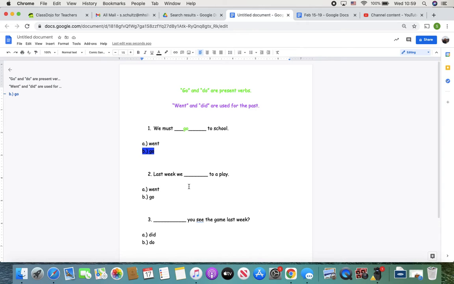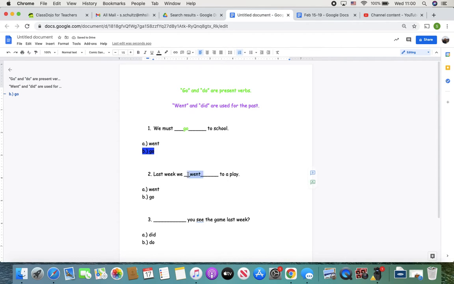Last week, we blank to a play. We look at our two choices, went and go. And if we look up here, go and do are used to describe the present, and went and did are used for talking about the past. In this sentence, last week, we're talking about the past. So we know go is for the present and went is for the past. Last week, we went to a play.